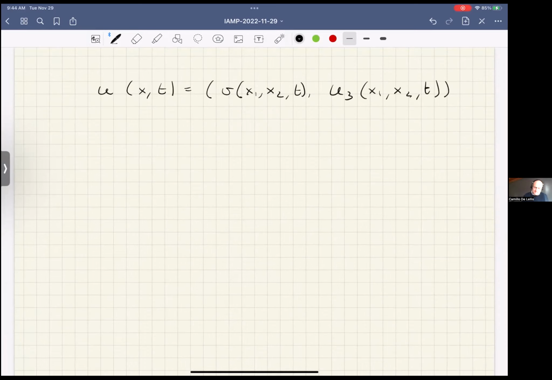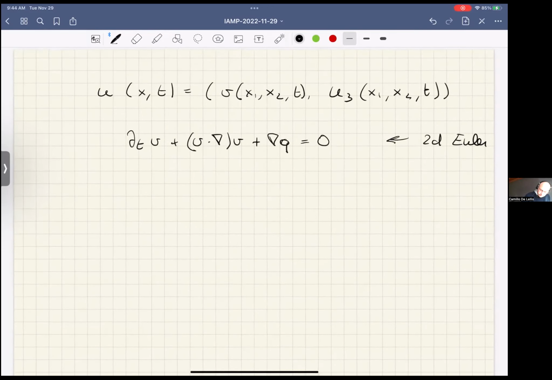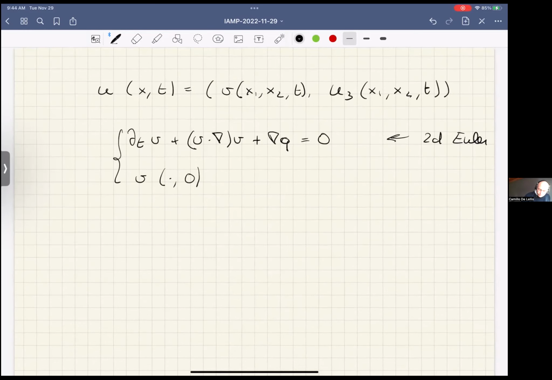If you make this ansatz on your solution, well, v solves the 2D Euler, with whatever initial data.